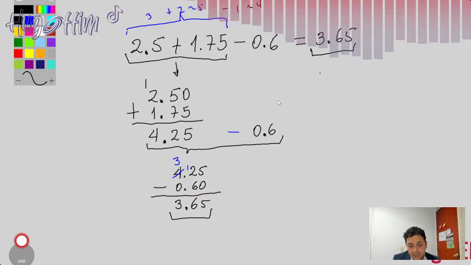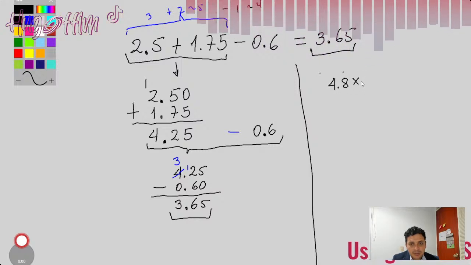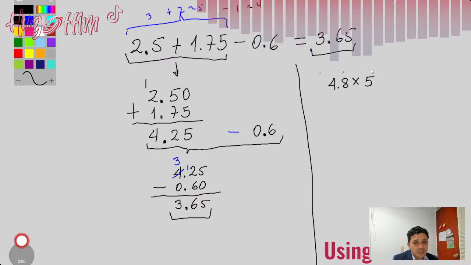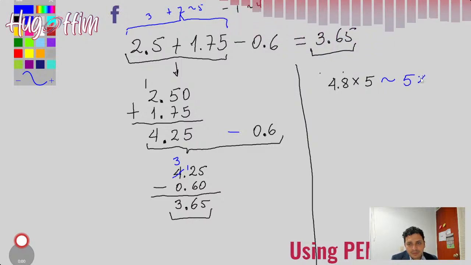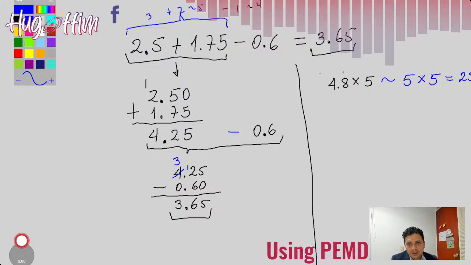So for example, let's say that you have 4.8 times 5. Let's do a line here. Now, I suggest you estimate the answer first. I'm going to do it with blue. This 4.8 is around 5, times 5. So this is going to give me 25.